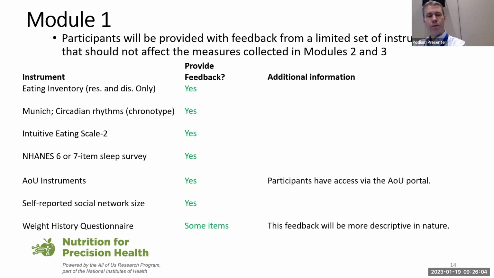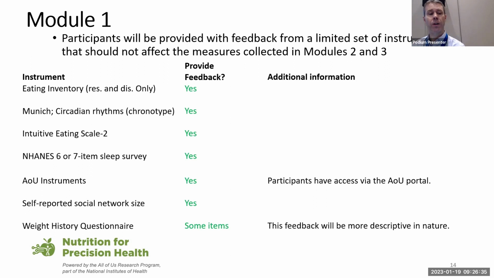All right, lastly, before we go through the instruments, we are going to provide participants with feedback on a select few instruments. We selected these instruments because we don't think it will impact the data in Modules 2 and 3. So we're generating forms that will provide a description of what their score is and what it means, and what the construct is that we're referring to. We've already completed this for the eating inventory. We're still doing this for the other instruments.